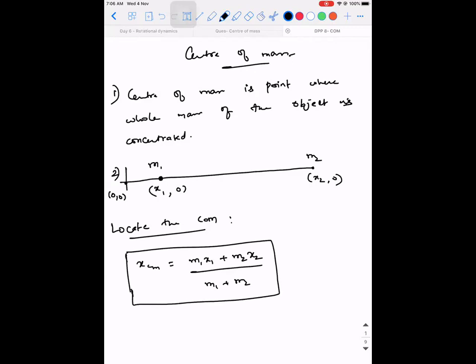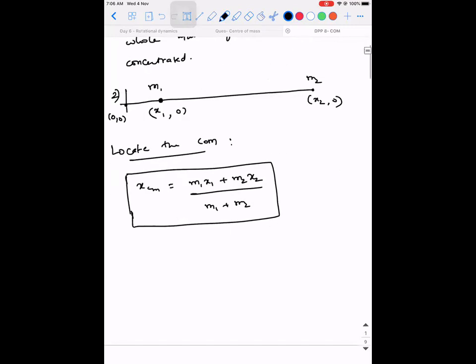Okay. So how this can actually be derived is, for a small particle system, the center of mass and center of gravity are going to be the same. So I'll just show you how this has come. See, if I have mass M1 and another mass M2, M1 will have a weight of M1g and M2 will have a weight of M2g.